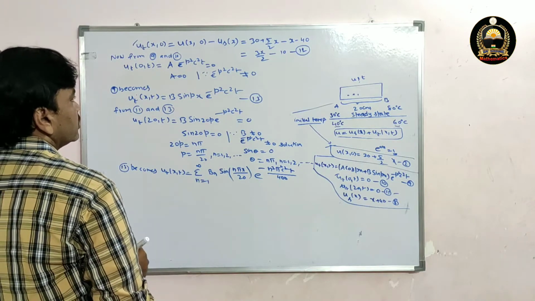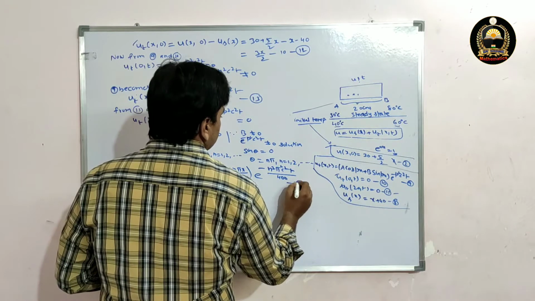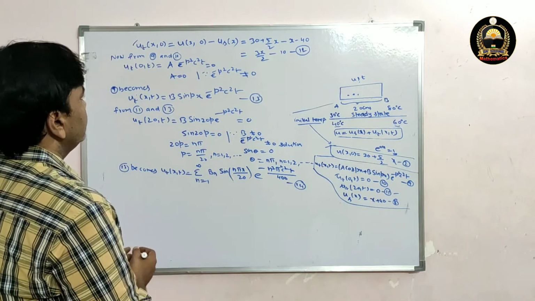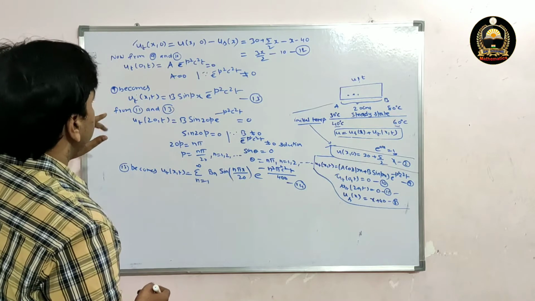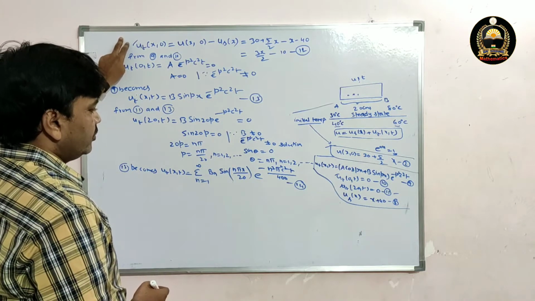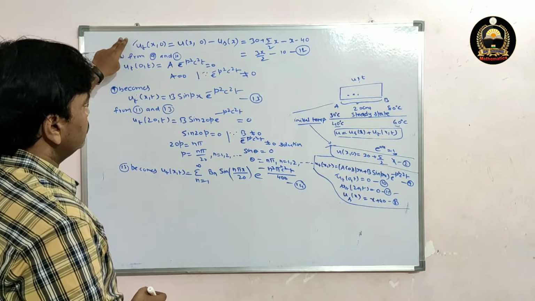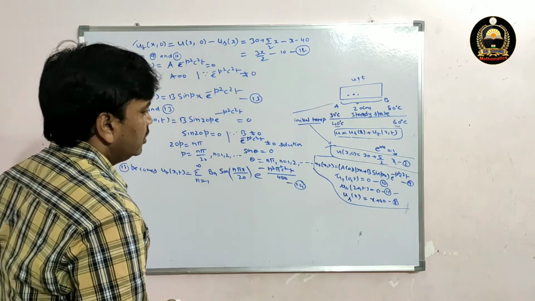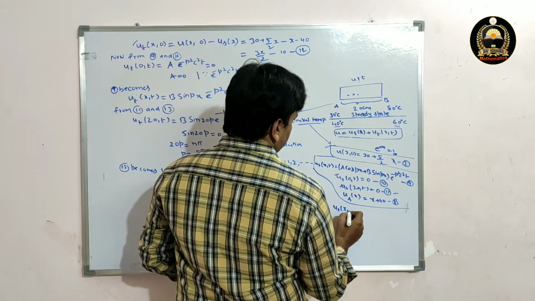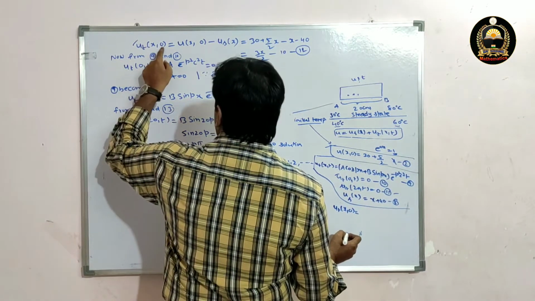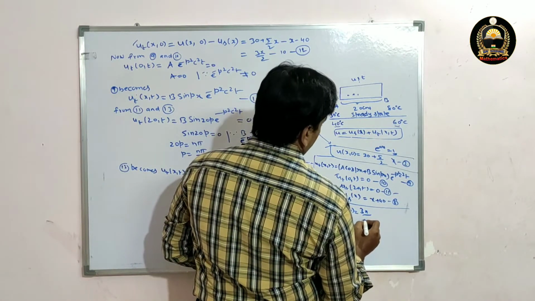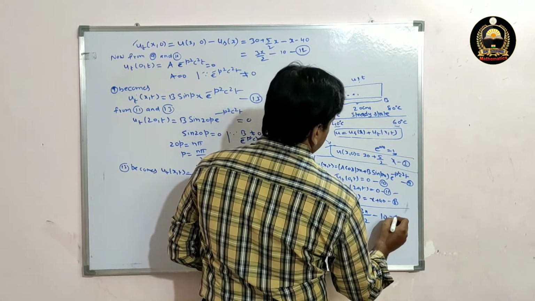Okay students, say this is 14. Now I am using 12 here. So u of x comma 0 value is 3x by 2 minus 10. This is 12.